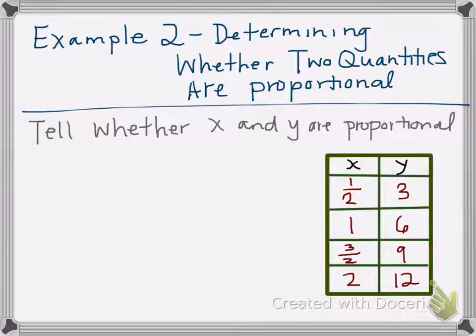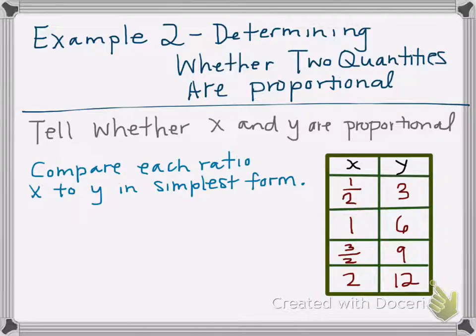And the way that you do that is to compare each ratio, x to y, in simplest form. So we need to form a ratio for each x and y couplet. So let's first take this one, 1/2 and 3. So the way that we will write that is 1/2 over 3.